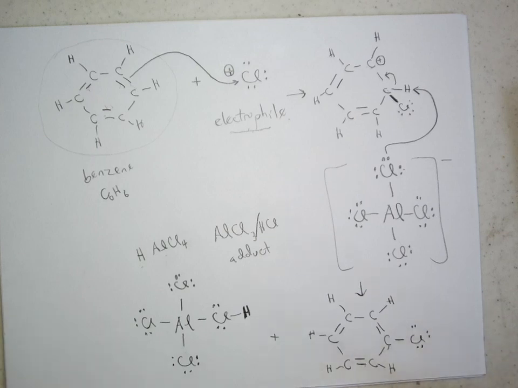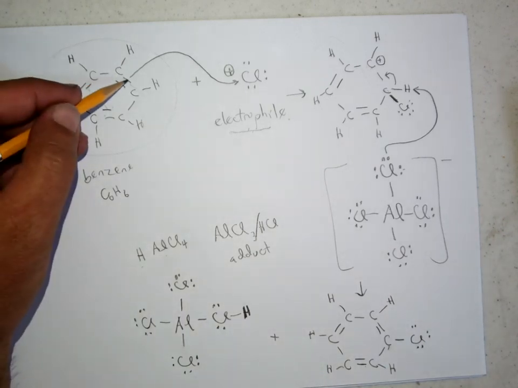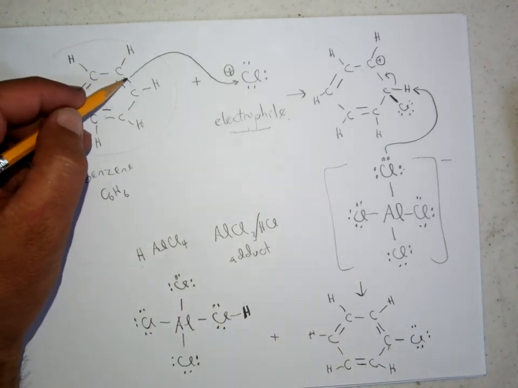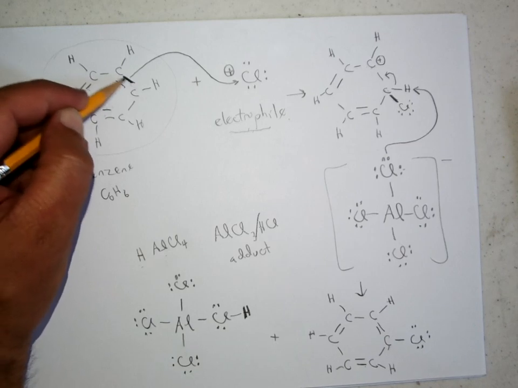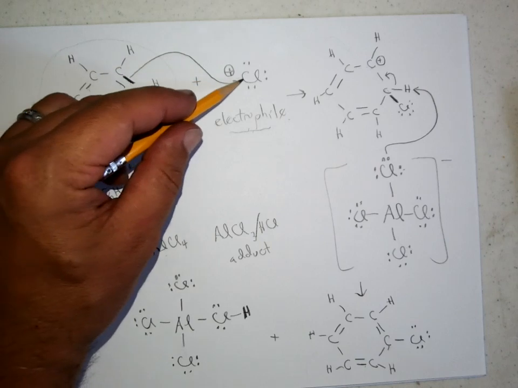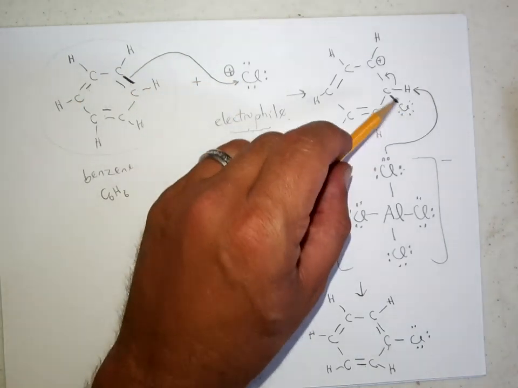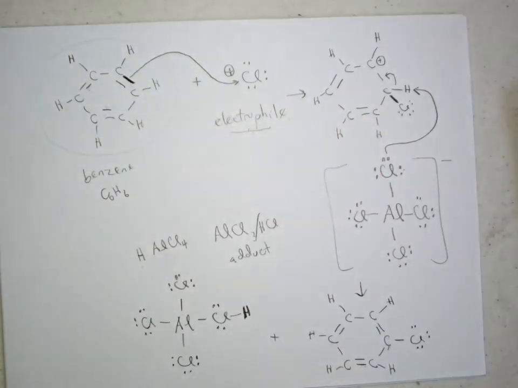So as usual, any questions about these mechanisms, make sure you just go over and rewrite the mechanism yourself, making sure that you get each step right and you pay very close attention to what the electrons are doing. So like this pi bond here, it's a pair of electrons that goes and bonds to the chlorine, making a sigma bond where there used to be a pi bond.